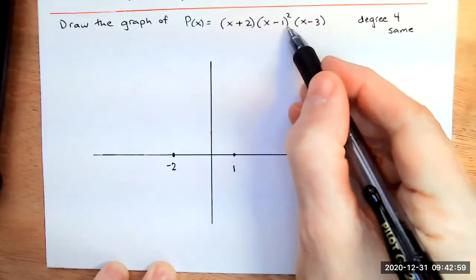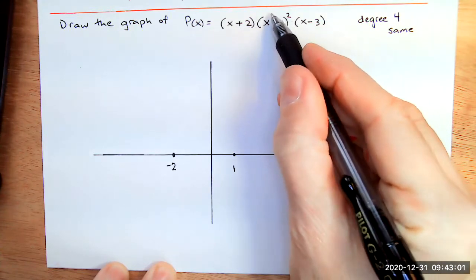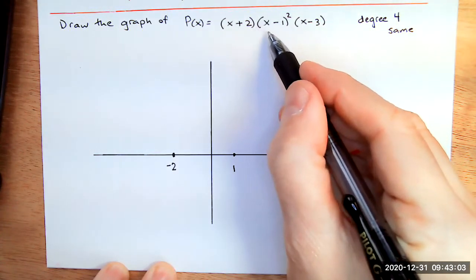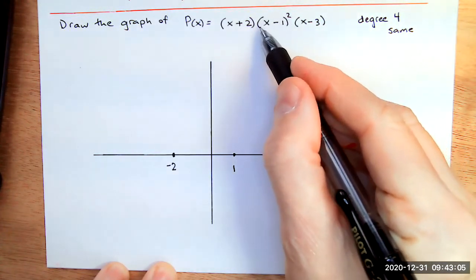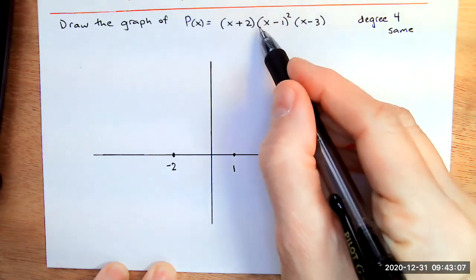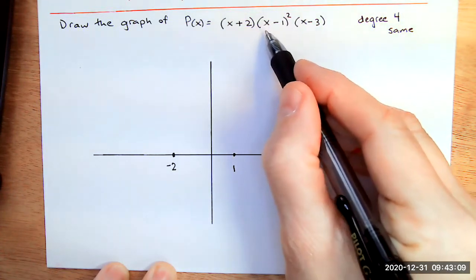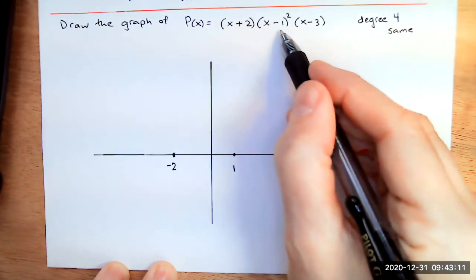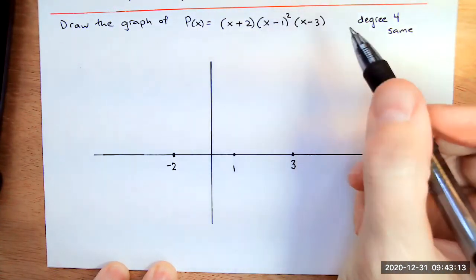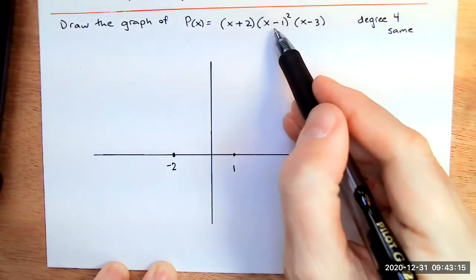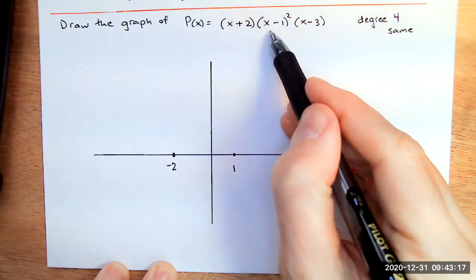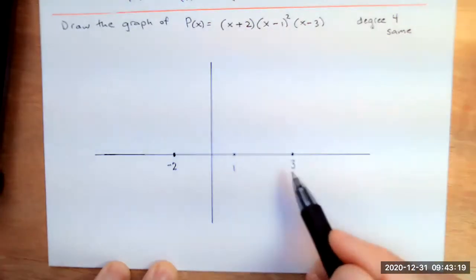And then let's think about this squared term. One feature of a number that's squared: if you square a positive real number, you get a positive. If you square a negative real number, you get a positive. So that might be a hint as to what this factor is going to look like when we do the graph.